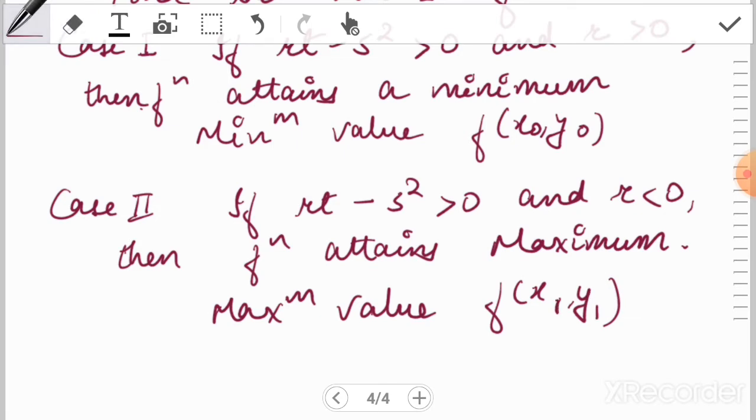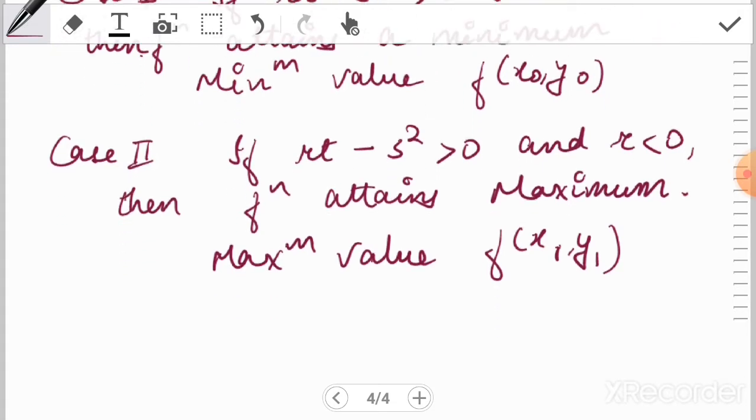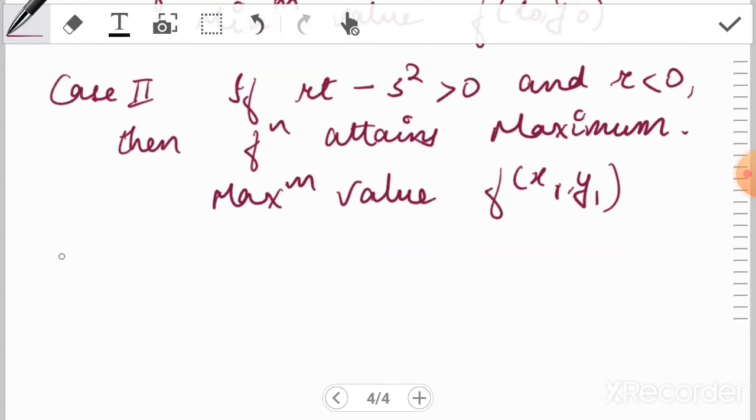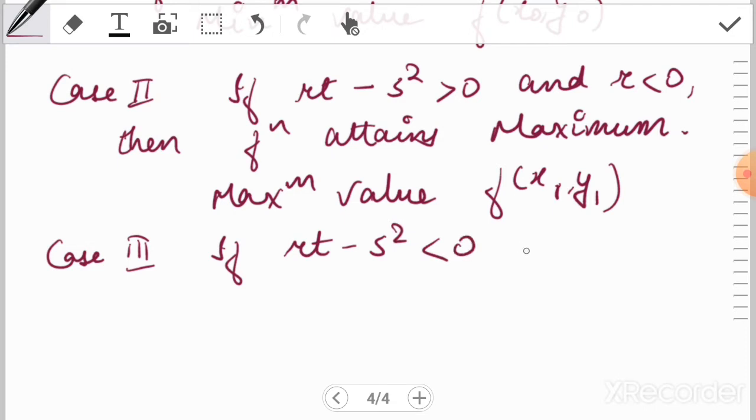Okay, so now case 3: if rt minus s square is less than 0, then the function has no extremum, no extreme point.